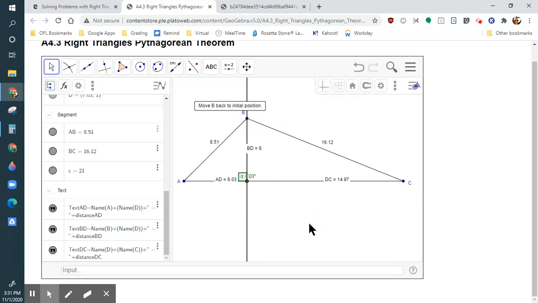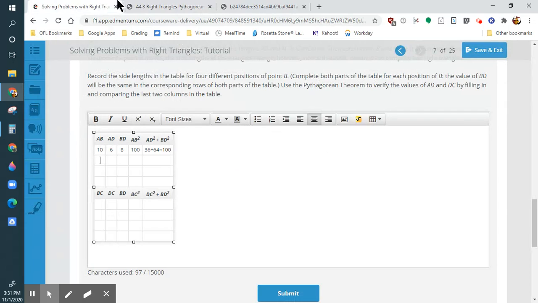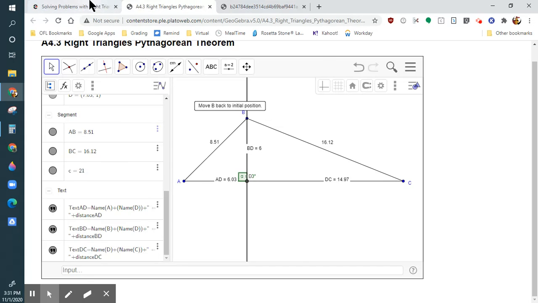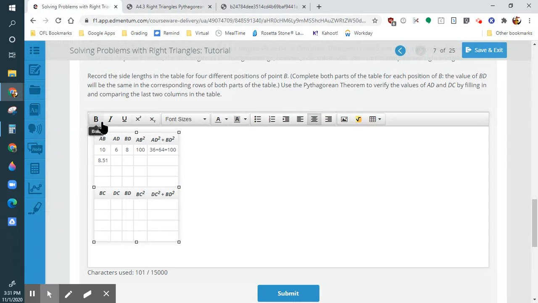All right, so we're just going to have weird numbers. All right, and then apparently it gives us a function that lets us move back to the original position. So I'm just gonna plug in the numbers as I see them. AB is 8.51. AD is 6.03. BD is 6.